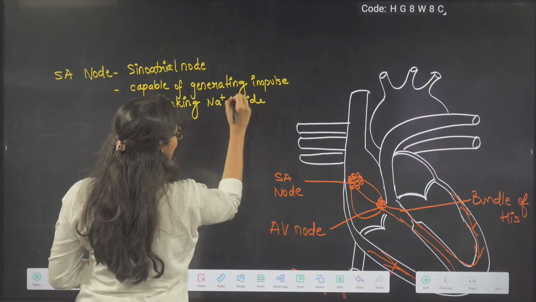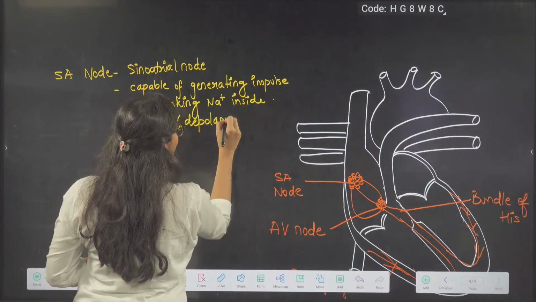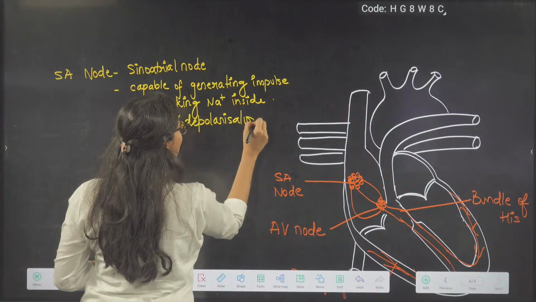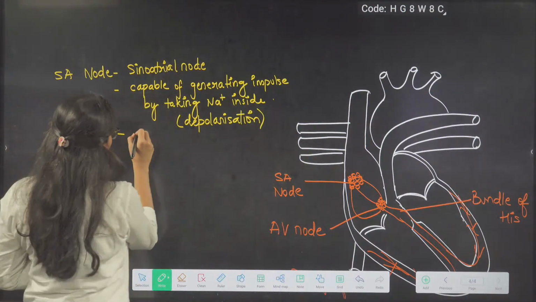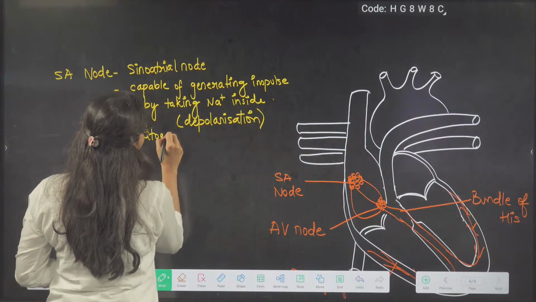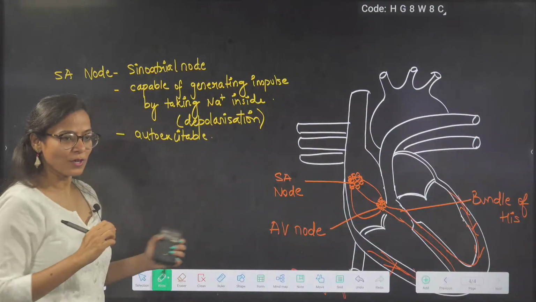That means by doing depolarization. So now can we say that these cells got excited? They are auto-excitable cells.